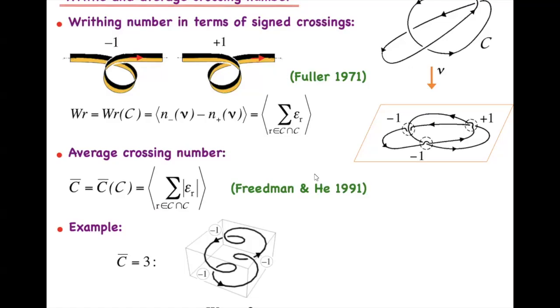But because it's a global geometric quantity, it depends on the projections. So to have exact information about the writhe, instead of going through the formula, you can count all the crossings that come from an infinite number of projections. These brackets denote the average crossing, the average measure over the projections.